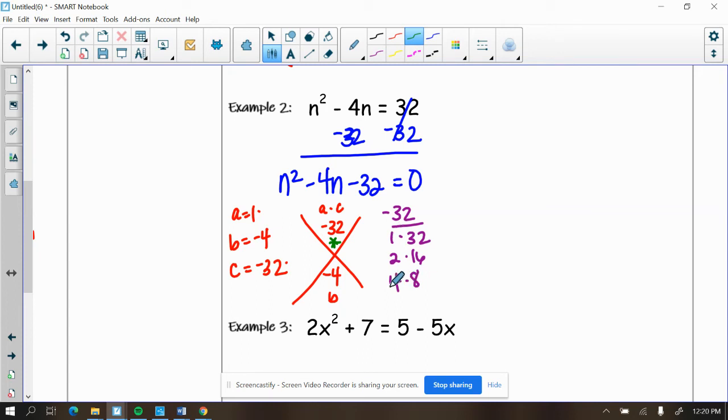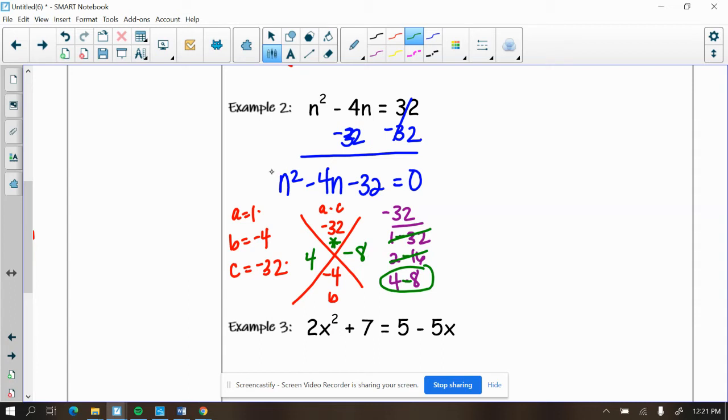Because one has to be negative, one has to be positive. So if I subtracted these from each other, which one is going to give me negative 4? Right? 1 minus 32, no. 2 minus 16, no. 4 minus 8, right? And we actually put that negative in the right spot. So 4 and negative 8 are my factors.